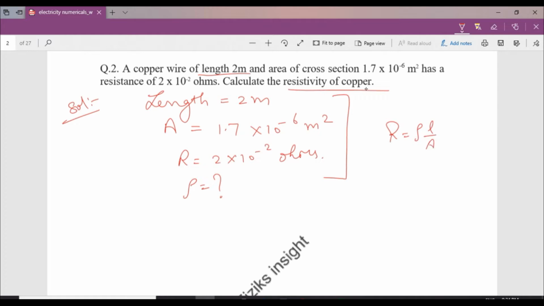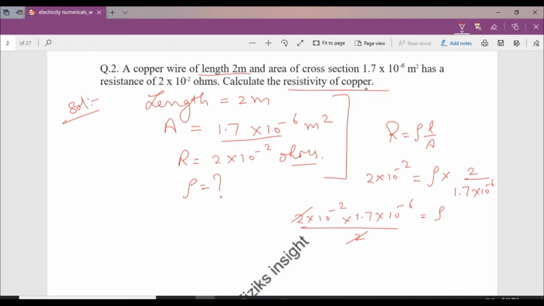Just substitute the values whichsoever are given to you. So 2 into 10 raised to power minus 2 ohms is the resistance given to you. Resistivity we need to evaluate. Length is 2 meter and area of cross section is 1.7 into 10 raised to power minus 6. So just simplify it: 1.7 into 10 raised to power minus 6 upon 2 is equals to resistivity. 2 cancels with this 2.